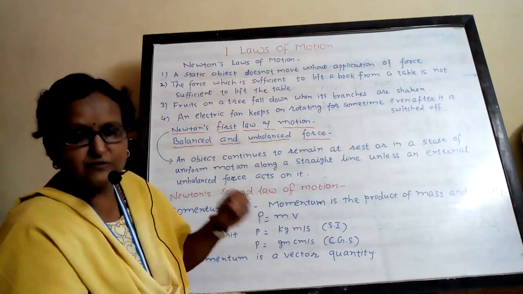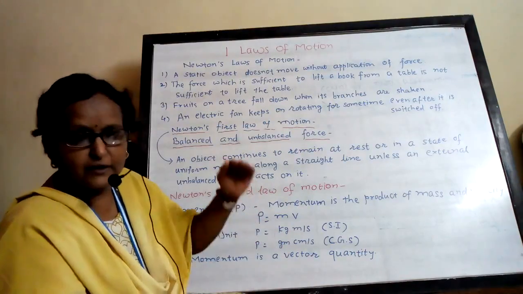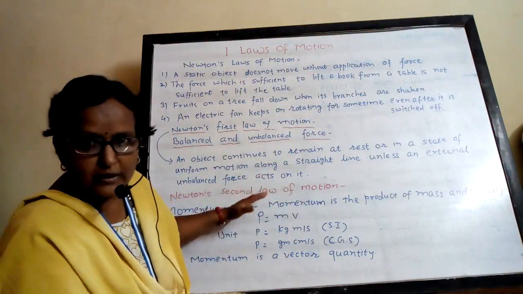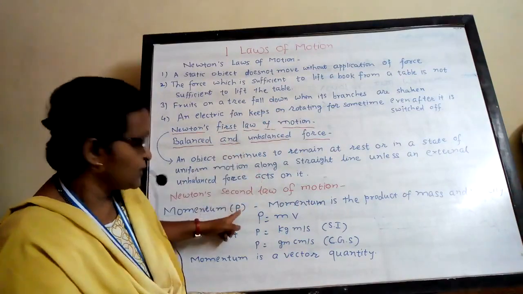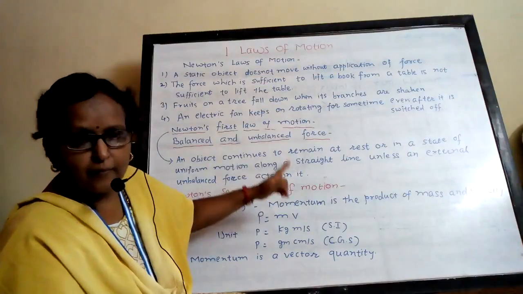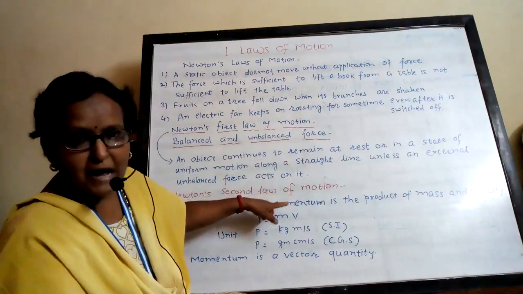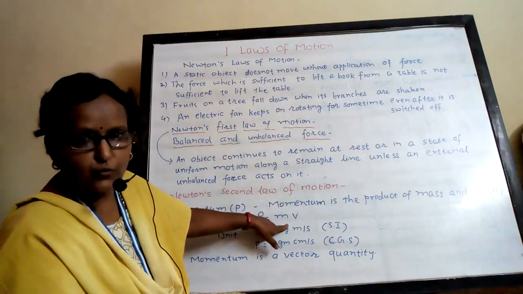It also depends on the velocity of the object, and for that Newton has given one more concept, called momentum. Momentum is denoted by P. Momentum is nothing but the product of mass and velocity. P is equal to m into v.